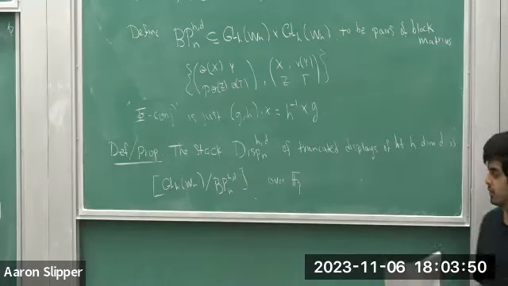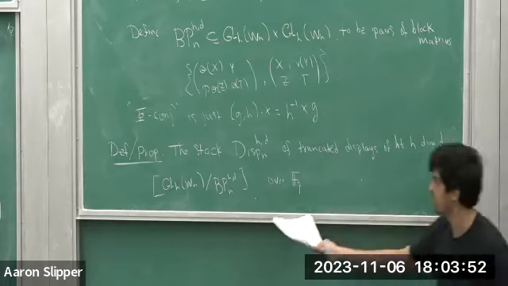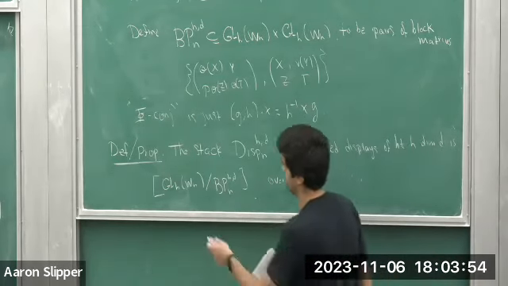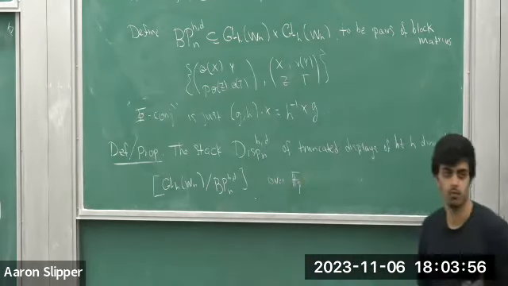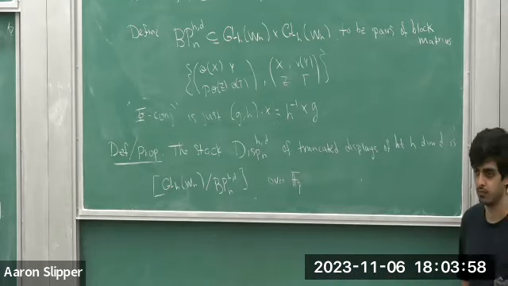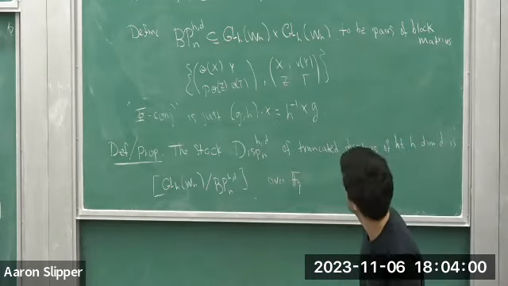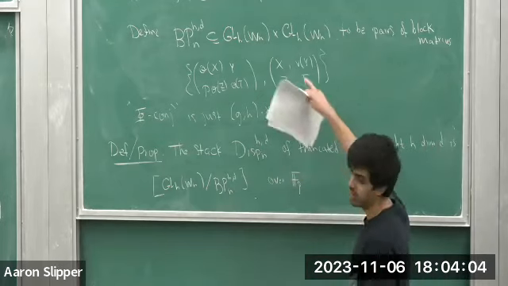So it's an algebraic stack over F, and it's defined to be this quotient. P with this, yes, a subgroup of this product.